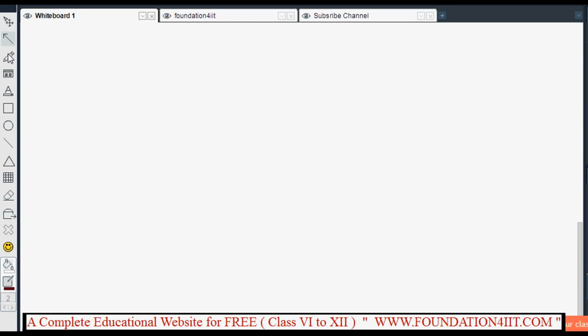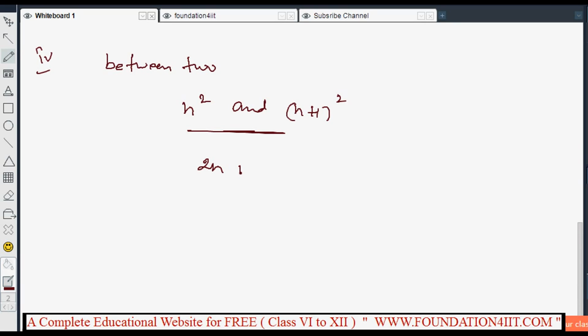One more pattern now. Between two consecutive square numbers, say n square and n plus 1 whole square, there are 2n non-perfect squares.